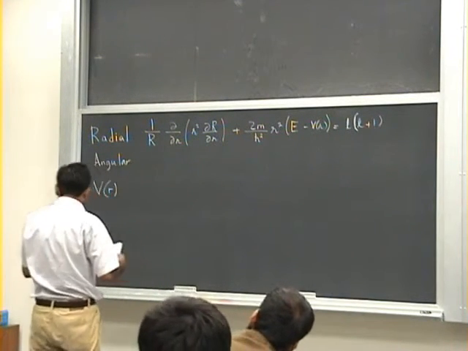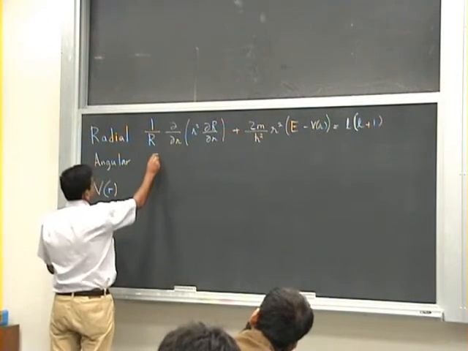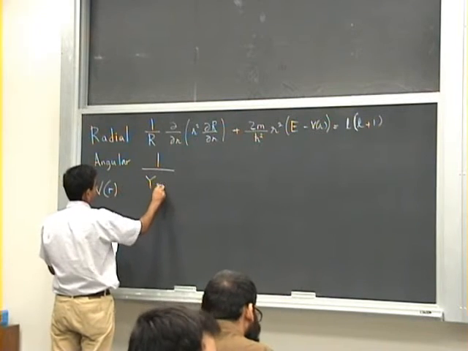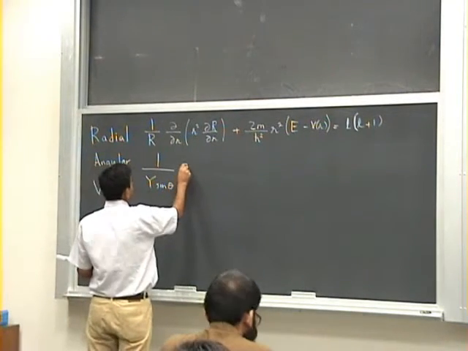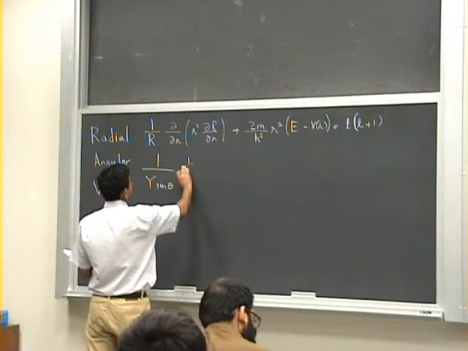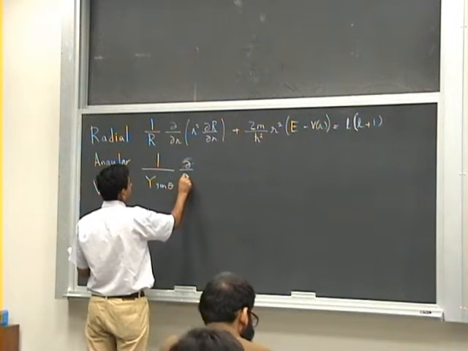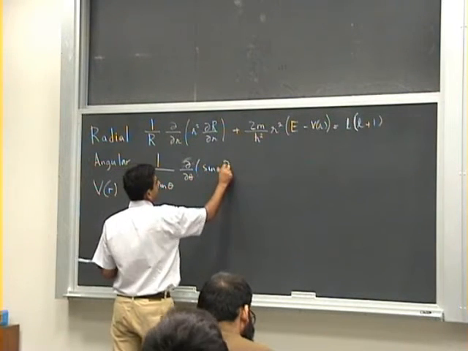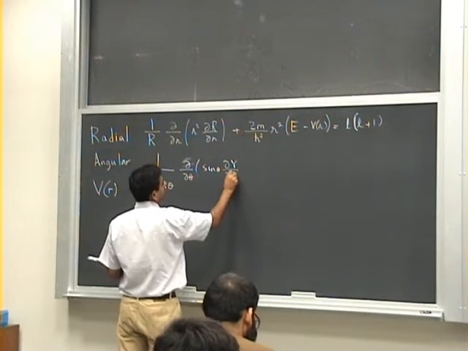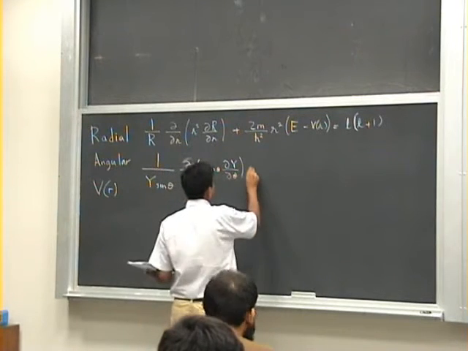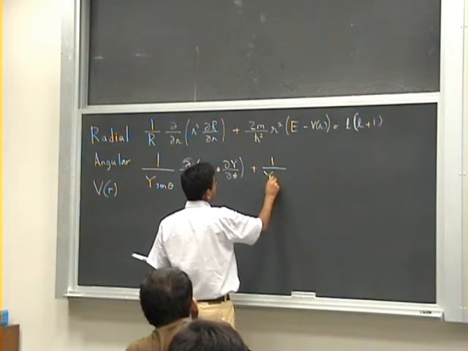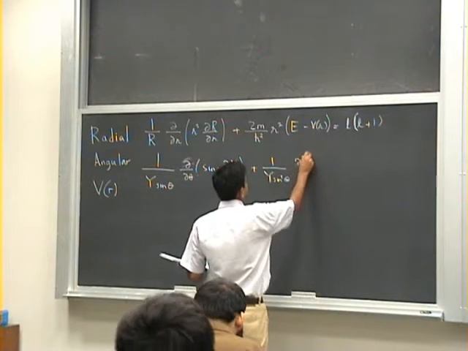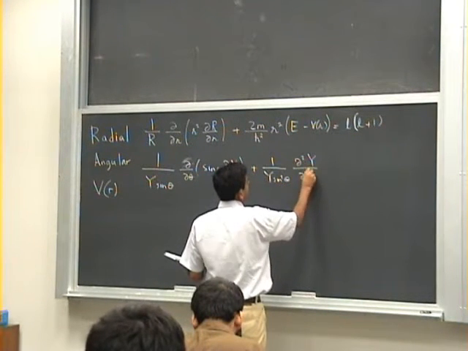Now, the other part, the angular part that I would like to talk about today, is the following: 1 over Y sin theta, partial theta, sin theta, partial Y, partial theta, plus 1 over Y sin squared theta, partial squared capital Y, partial phi squared.